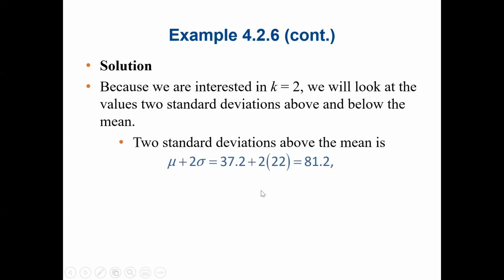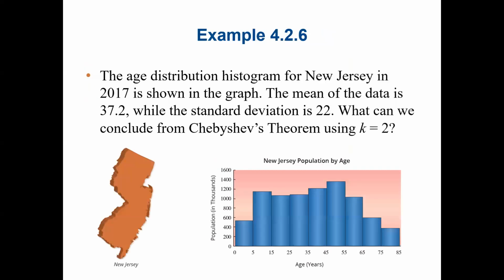So 2 standard deviations above the mean, we have mu plus 2 standard deviations. Remember, the mean is given to us to be 37.2. The K is 2 and the standard deviation is 22. Let's make sure. From the question, we can see the standard deviation is 22, the mean is 37.2. So if K is 2, then it will be, again, 37.2 plus or minus 2 times 22.